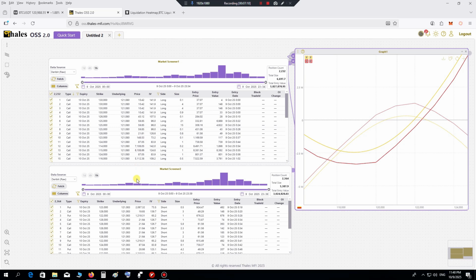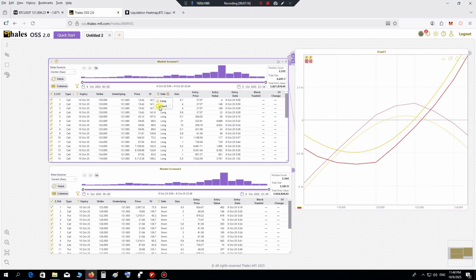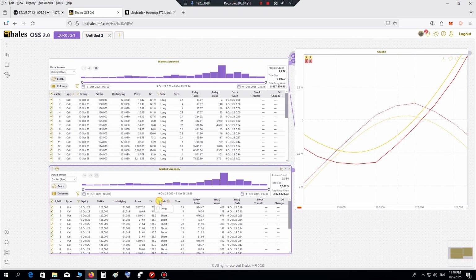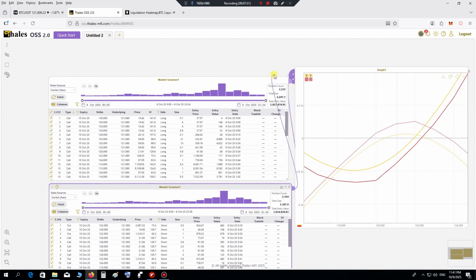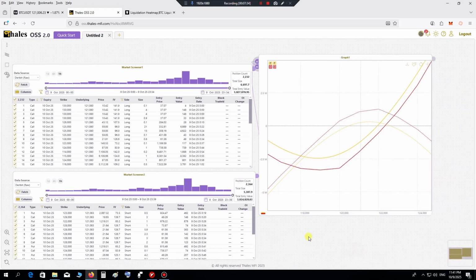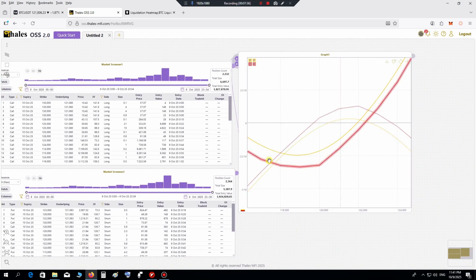In this box, I've deactivated the shorts, that is, the sell contracts, and in the other box, I've deactivated the longs, meaning the buy contracts. Using this tool, I've overlaid the contracts and their curves, and the result is that the resulting curve forms a spindle-like structure. The sellers are represented by the dotted curve, and the buyers by the solid curve and this spindle.